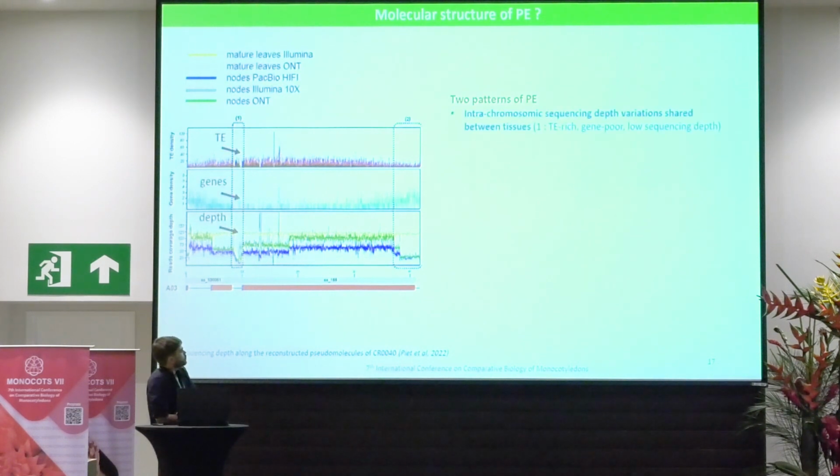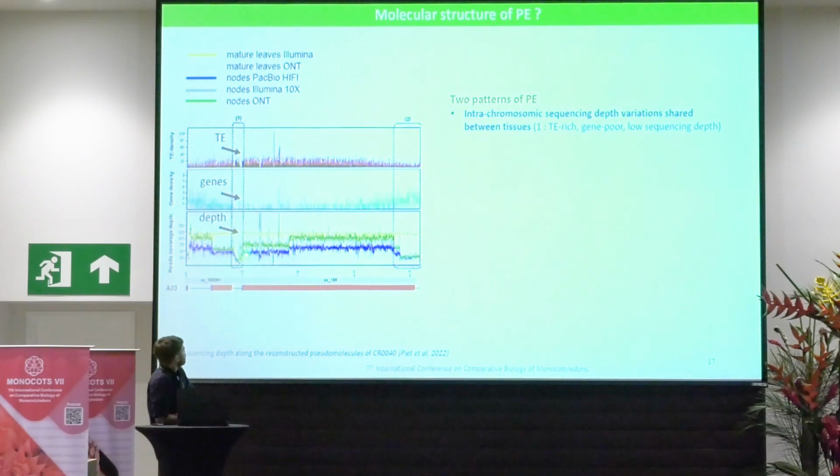And it allowed us to determine two patterns of the structure, with the first one corresponding to regions for which we observe sequencing drops for both tissues, regardless of the sequencing technology used.